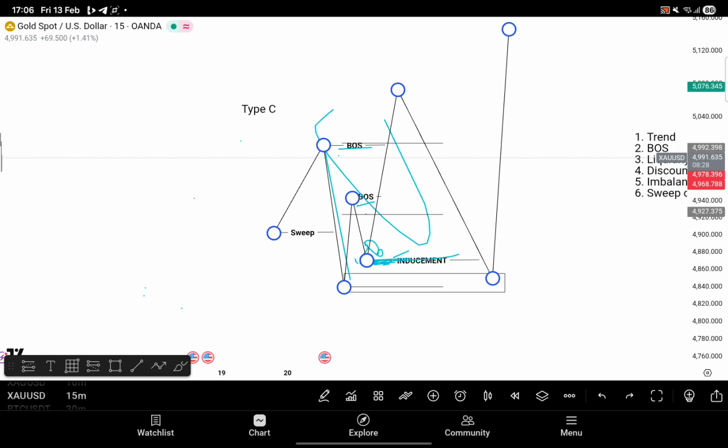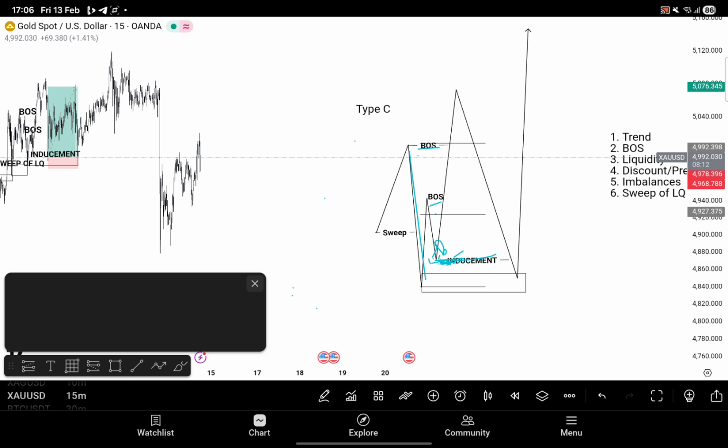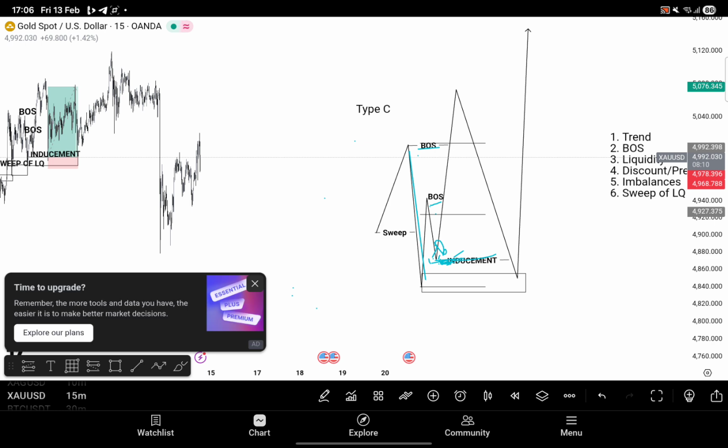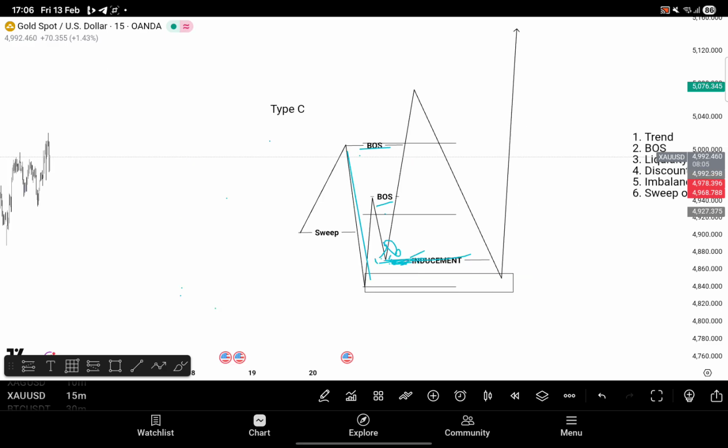When we are talking about imbalances, it is an instance when price is... The forex market is created in a way that buyers and sellers are meant to have equal opportunities in the market, right?